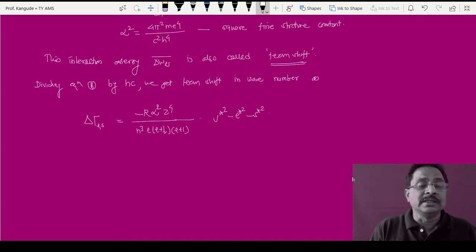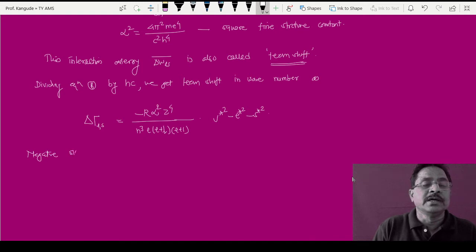Okay, and this negative sign, where does it come from? The negative sign indicates the convention.